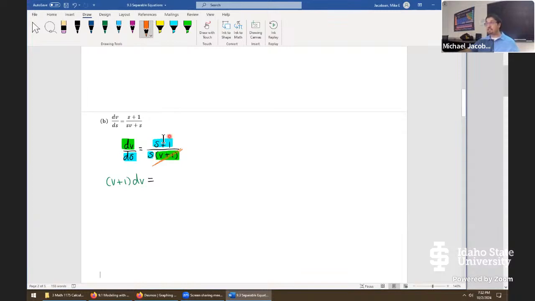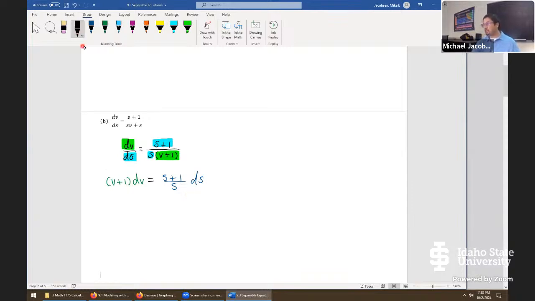But now we have (s plus 1) divided by s, and we're multiplying ds onto the right-hand side. So that's what the next step would look like. Just imagine all variables going to one side, everything involving the opposite variable on the opposite side. Does that look right to folks to this stage? Okay, we've successfully separated the equation.